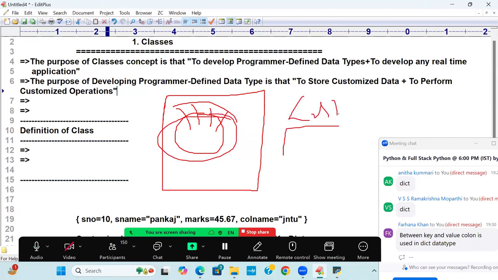Take list. List is containing what? Data plus what? List functions. Take set. Data plus set related functions. Dict, data plus dict related functions. Correct or not? Tuple, data plus tuple related functions. What is a class?